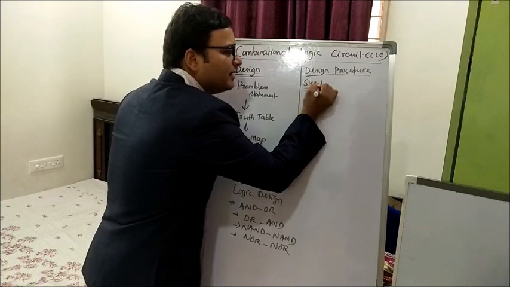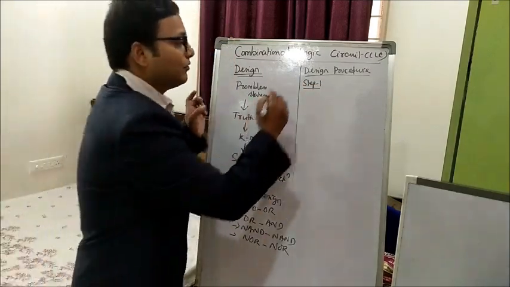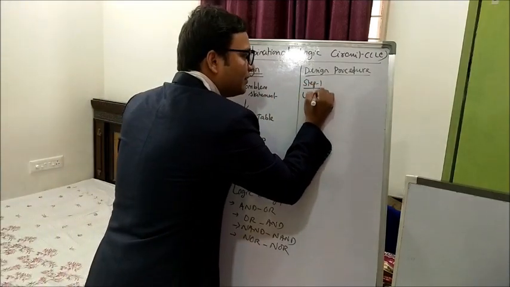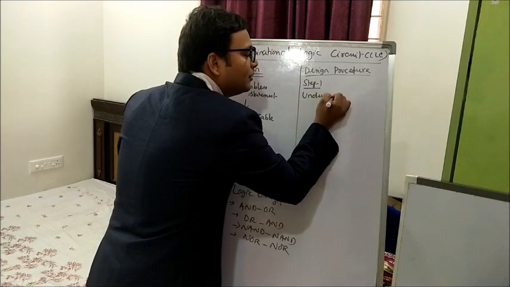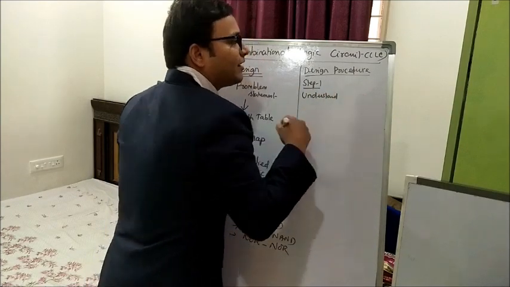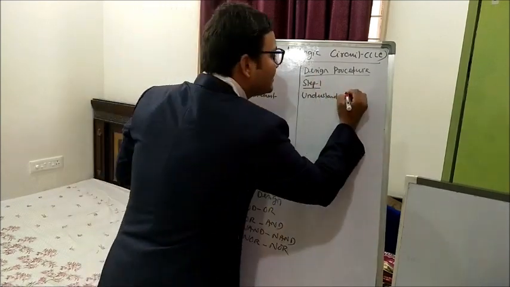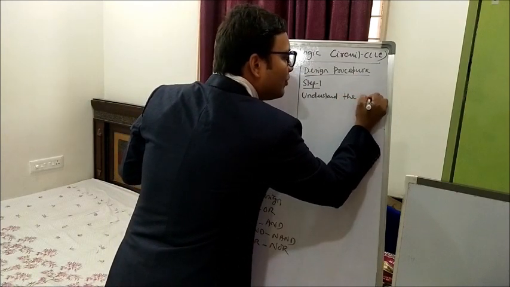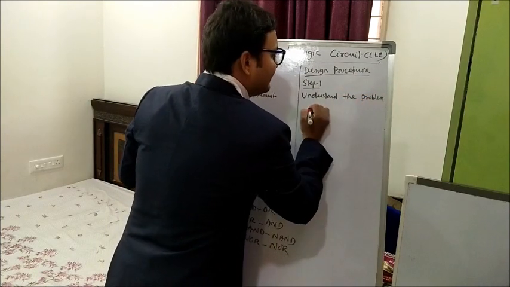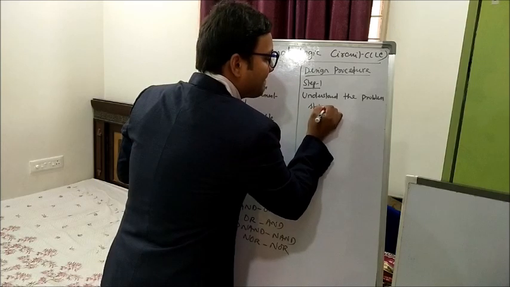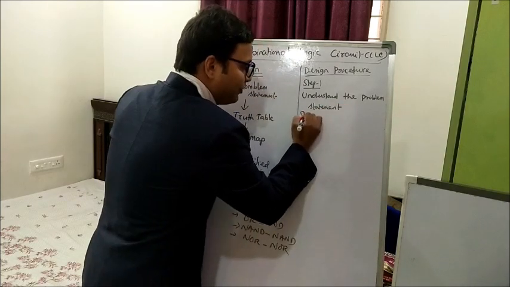What is step 1? You need to understand the problem statement. That is the first step you need to know while designing any combinational logic circuit. Understand the problem statement. Okay. Next, step 2.